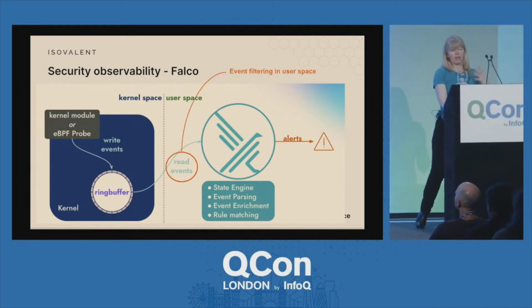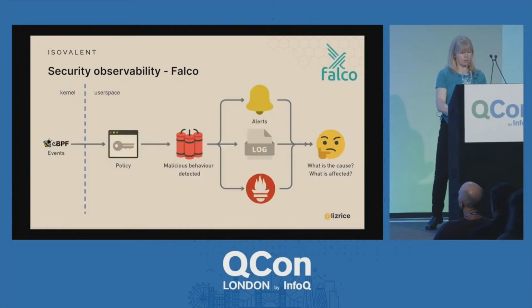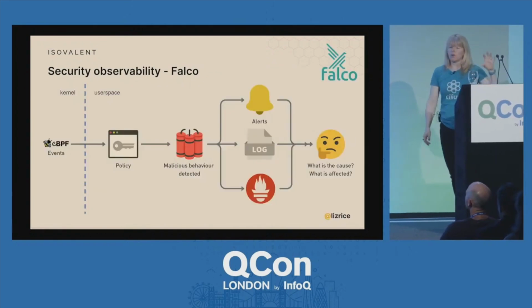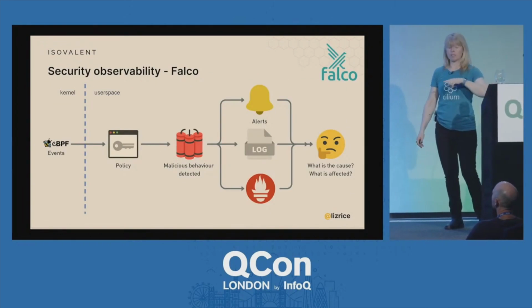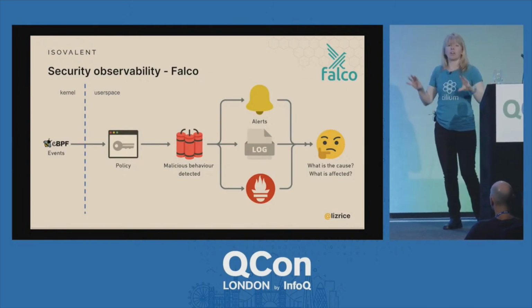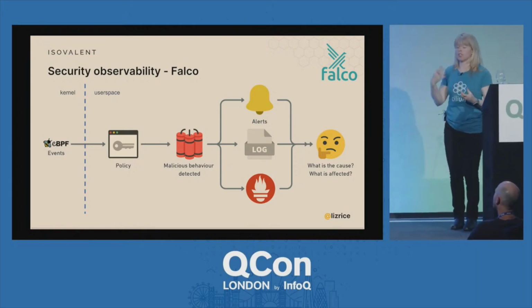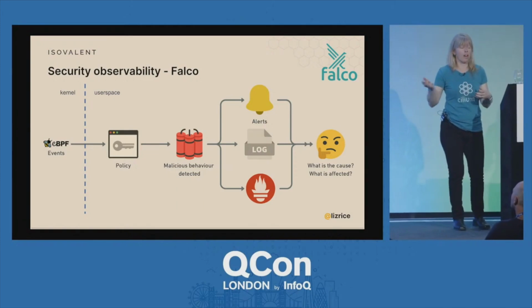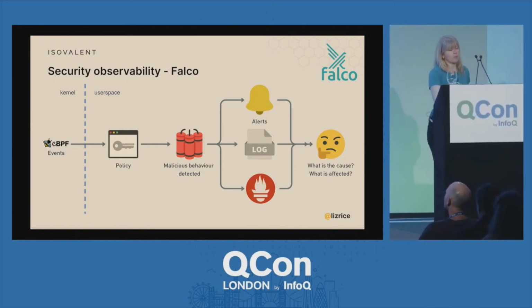So the actual filtering of events is going to happen in user space with Falco. We collect the events in the kernel, and then we compare them against a policy using some kind of user space rules engine, and then decide what to do with that information, like create an alert or log it or send it to a SIM.